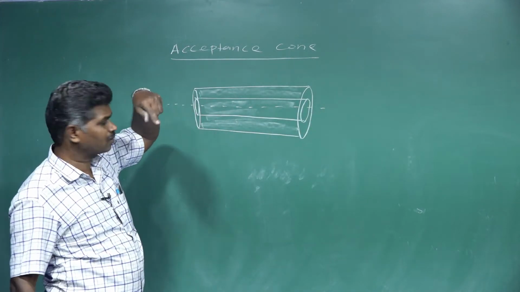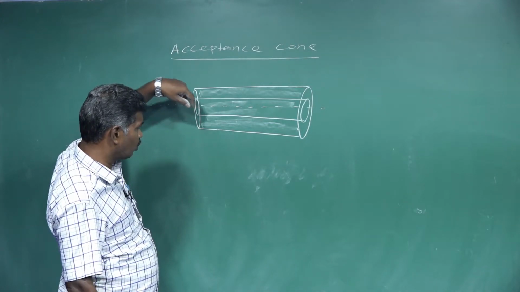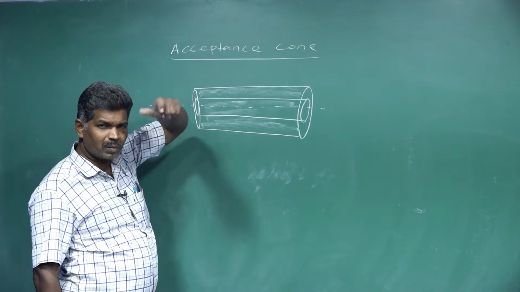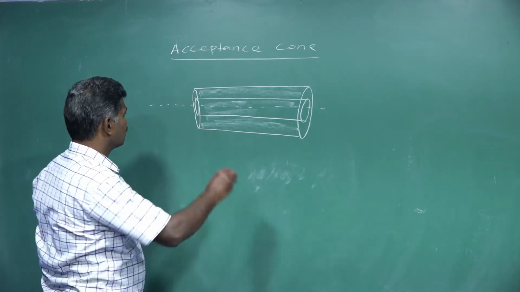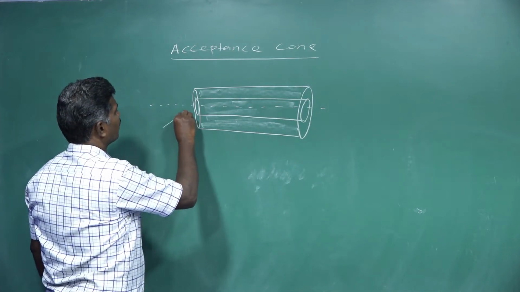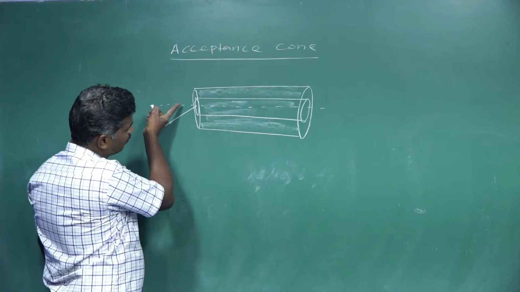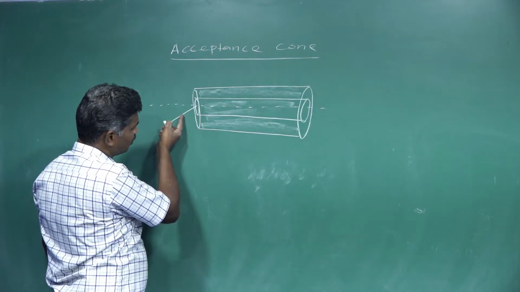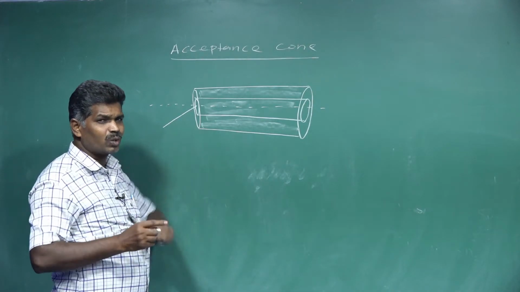For this axis, light from outside to the core should make a certain angle. That angle is the acceptance angle. So the incident ray may be taken like that. From the axis to this line only, that acceptance angle is going to be taken.